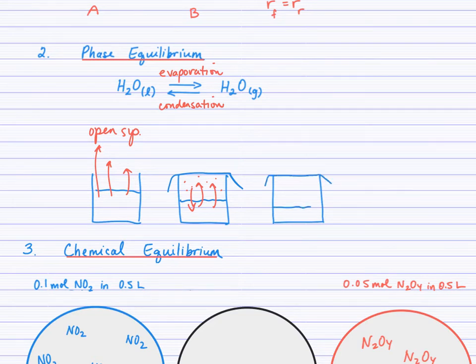So the water level will drop a little bit more, and then we'll reach the point where the rate of water molecules leaving the liquid state, moving up to the gas state, equals the rate of condensation. And at this point, we're at equilibrium. So here's where the rate of evaporation equals the rate of condensation. And what macroscopic property observable to your eye is remaining constant? Hopefully you thought the water level. And yes, the water level remains constant.